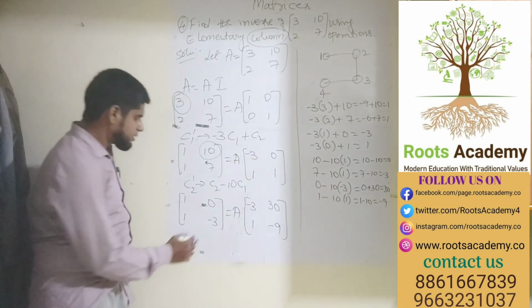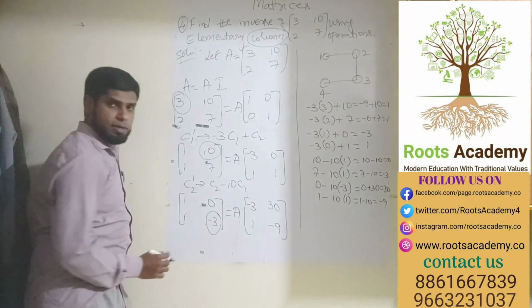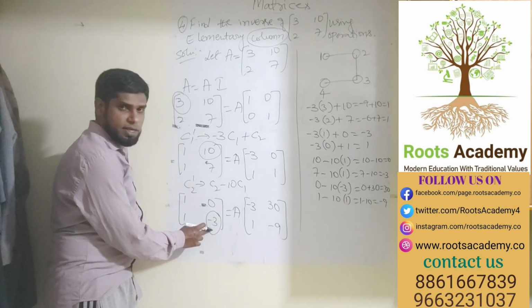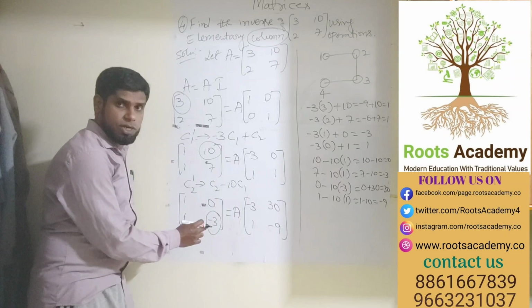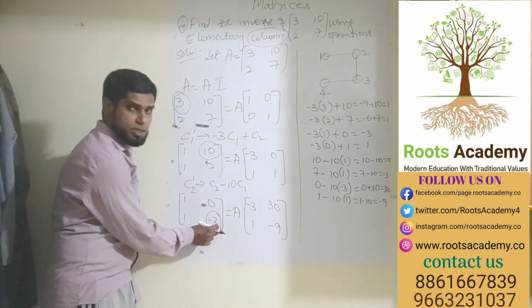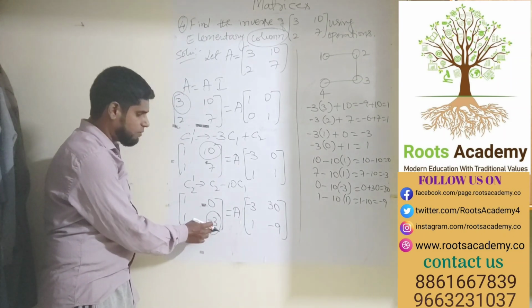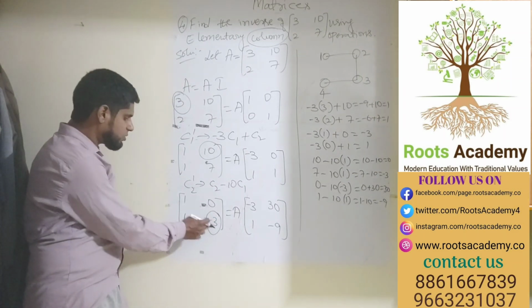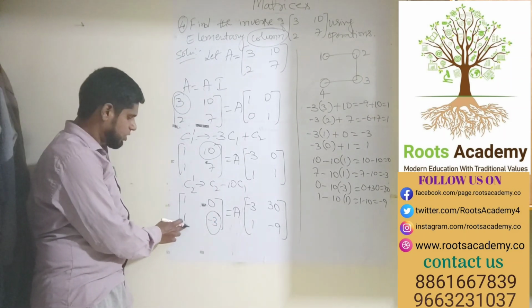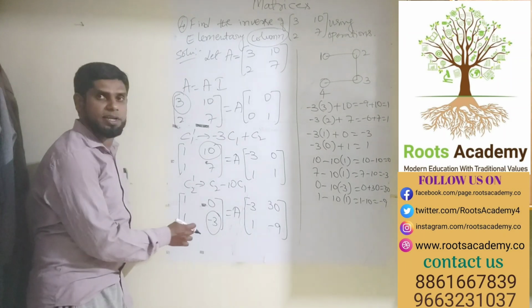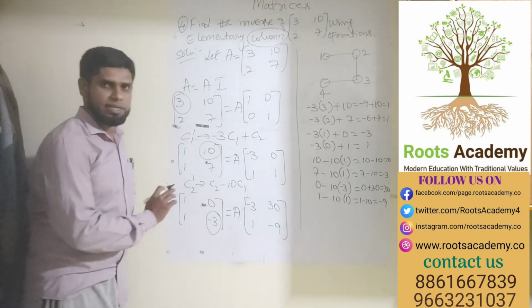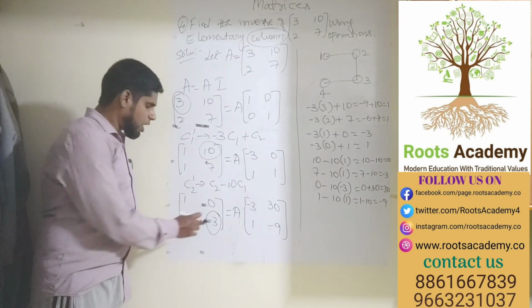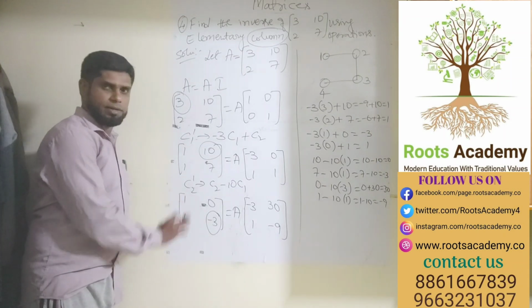Now student, my target is this element now. In place of minus 3, I need 1. Now student, in this step, I will try to divide by minus 3. Because here, after this, only one element is left out. So I don't think it will be difficult if at all any LCM comes. Only one step it is. But still, if you can avoid division, it's better.